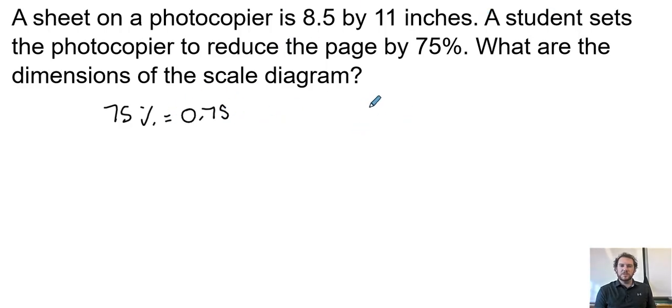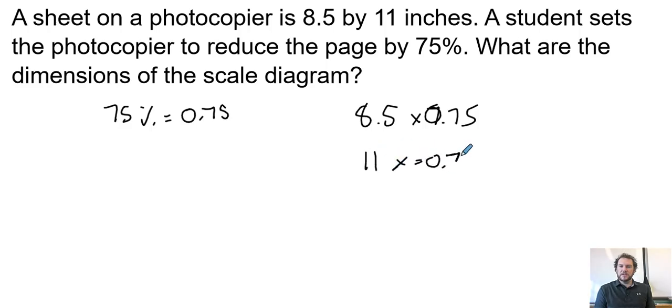So to find our new dimensions, we're going to take my original dimension of 8.5 and multiply it by 0.75, and take my original dimension of 11 and multiply it by 0.75. Let me just quickly grab my calculator here. All right, 8.5 times 0.75 is 6.375 inches.